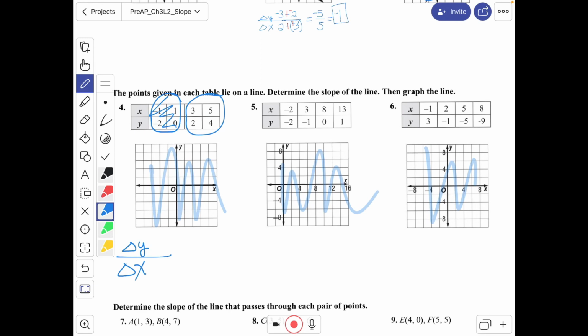Now let's go ahead and stick with the positives. So I have 4 minus 2 is my y's, and the x that goes with 4 is 5, and the x that goes with 2 is 3, and 4 minus 2 makes 2, and 5 minus 3 makes 2, and 2 over 2 is just 1, so the slope is 1. Not all the answers come out to 1.